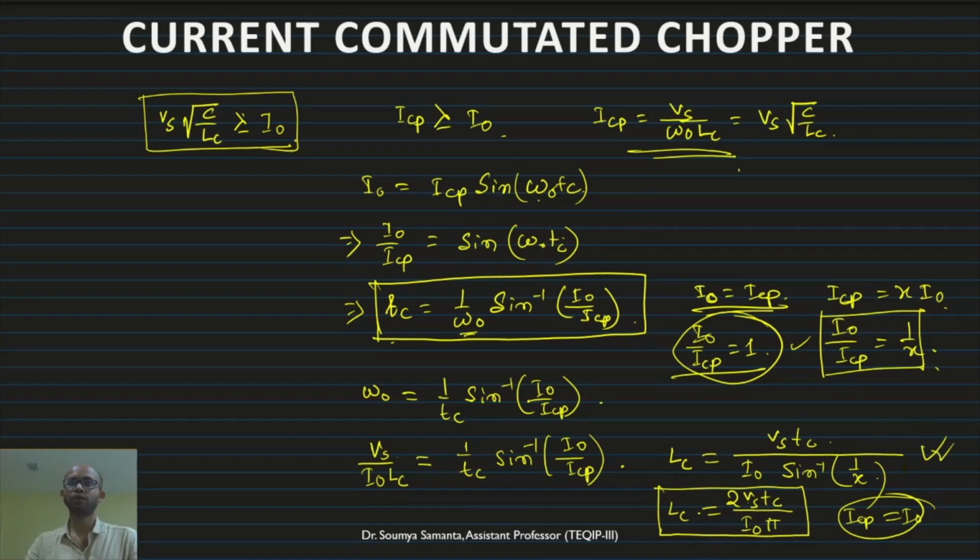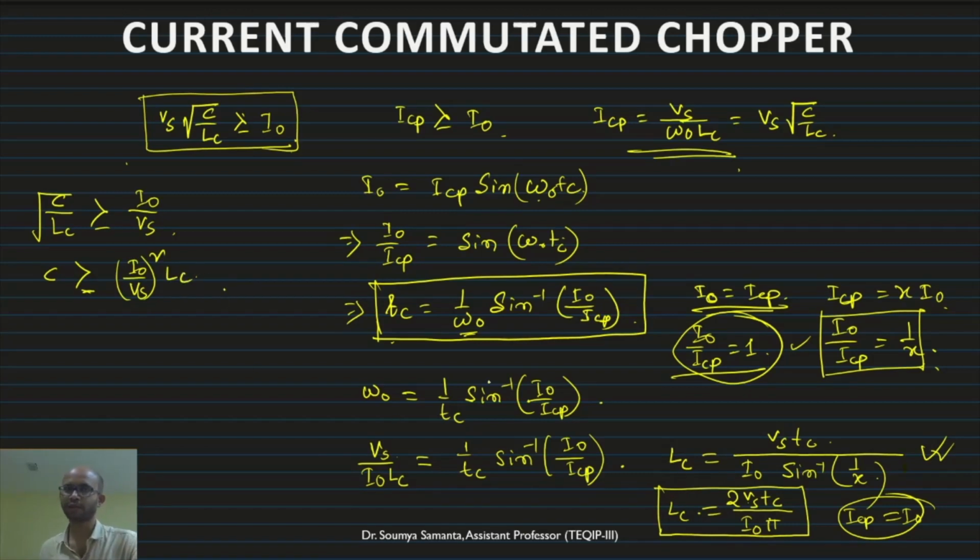Now let us find the C. How can we find the C? From this expression, C by Lc root is greater than or equal to I naught by Vs. So C is greater than or equal to I naught by Vs, squared, over Lc.